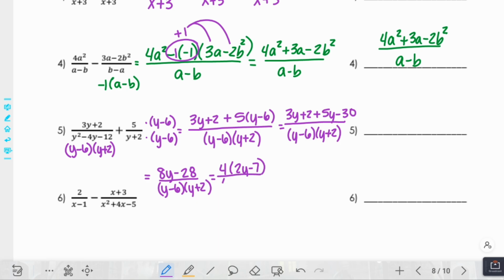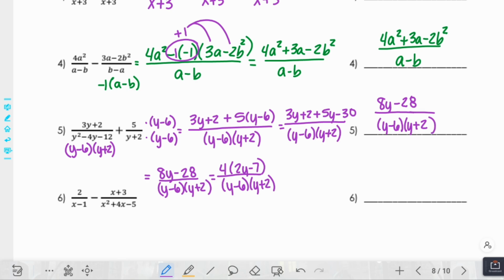And I'm still left with that y minus 6 and y plus 2. But that right there won't simplify. I can't cross anything out. So if you notice on that 8y minus 28 and want to leave it that way, you can. So for number 5, our answer would be 8y minus 28 divided by y minus 6 times y plus 2.